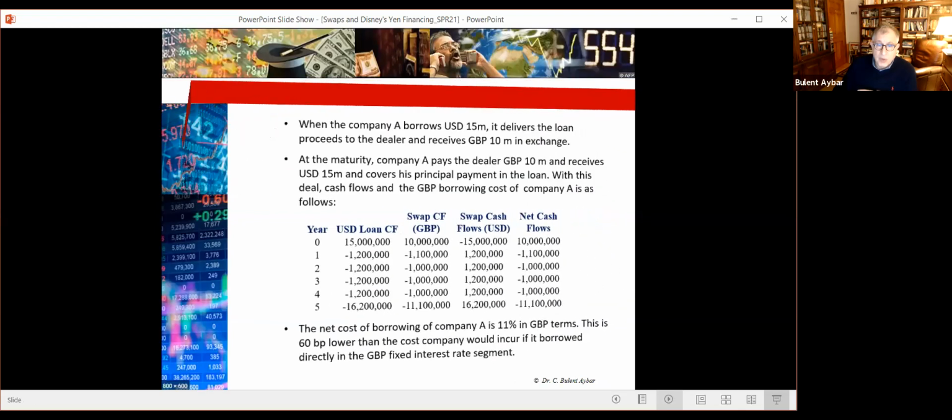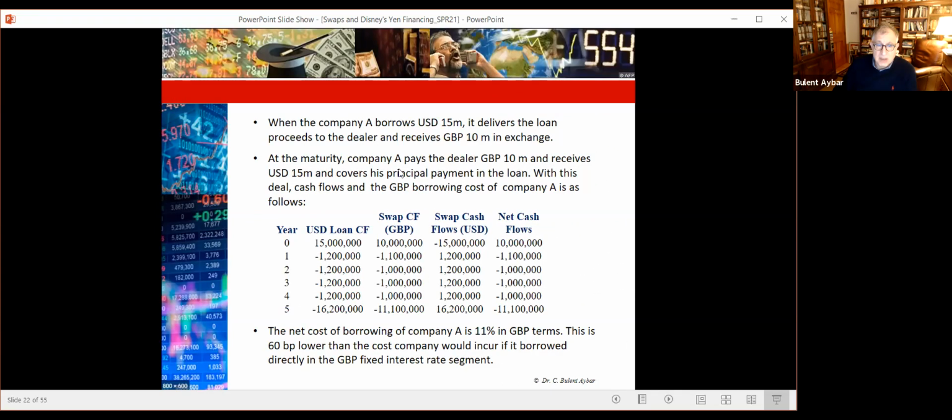So if you watch the payments in the deal, company A will borrow 15 million US dollars, and in exchange will make 8% interest payments plus the principal in year 5. So these are the stream of cash flows associated with the original loan that company A is going to initiate.